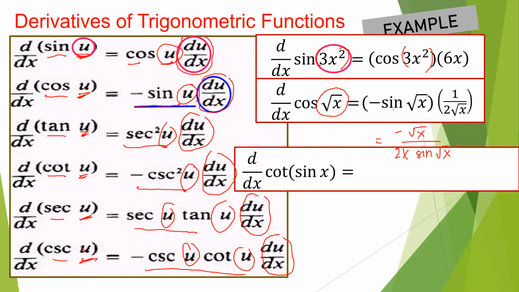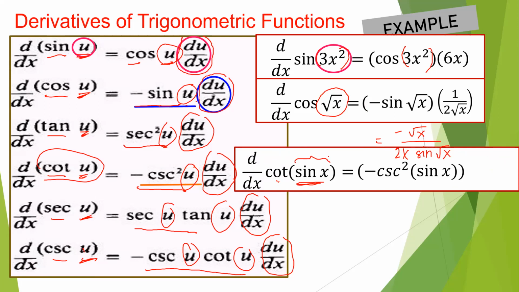Okay. And then for the third example, we have cotangent of sine x. Okay. Where is that formula? It's here. So negative cosecant squared. This serves as our u. Take note, this is not a product. This is of the form cotangent of u. Okay. Cotangent of u where this serves as our u. Okay. So that's negative cosecant squared of that same u.